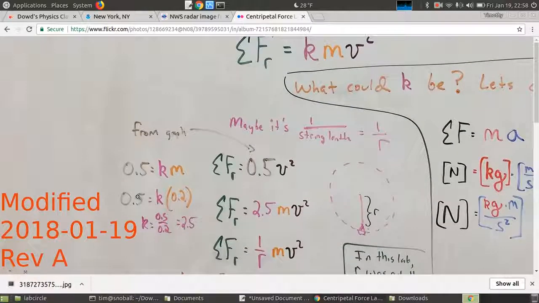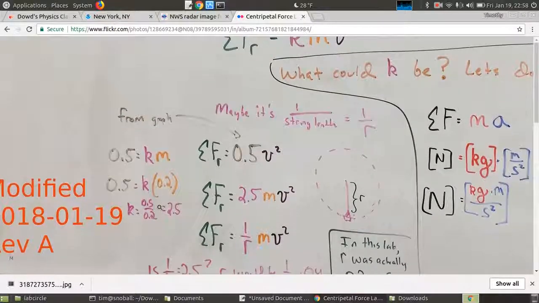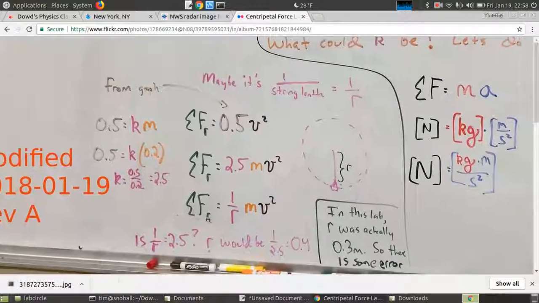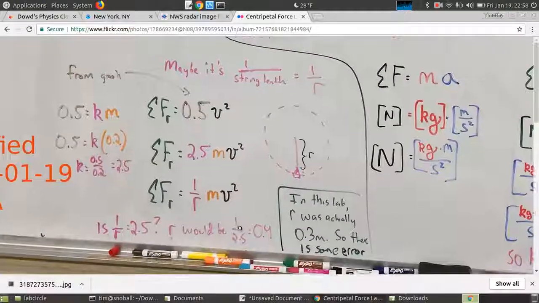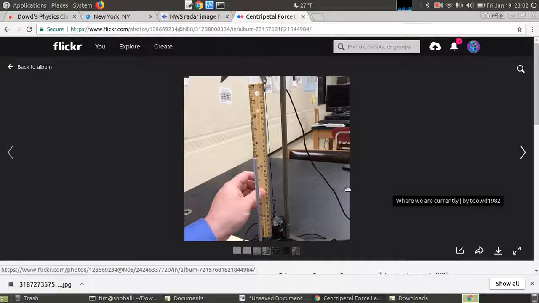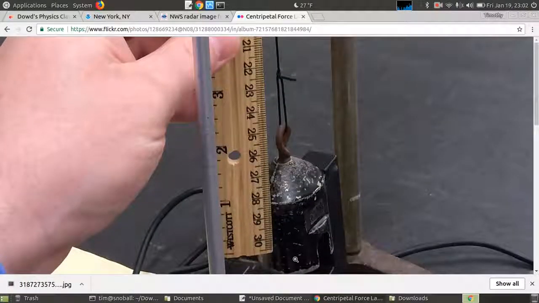So I plugged in 0.5, I plugged in the mass, which was 200 grams, and I solved that k must be 2.5. So if k is 2.5, r must be 1 over 2.5, which is 0.4. So are we 0.4 meters? Unfortunately, we're only about 0.3. So there's some error here, but we saw in our graph that there seemed to be quite a bit of error.